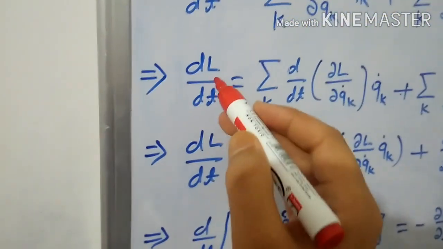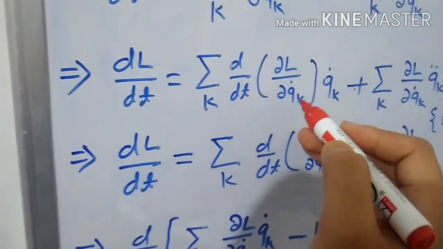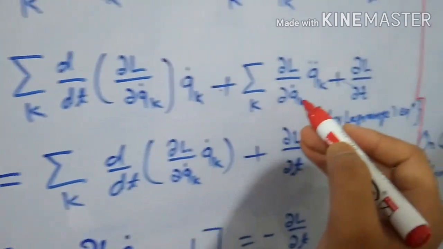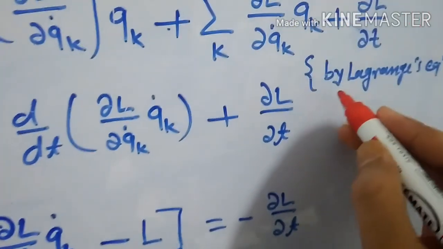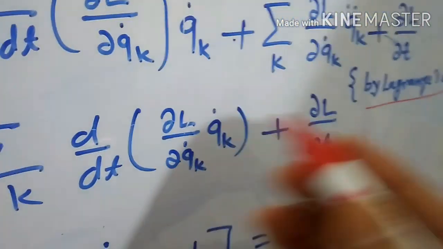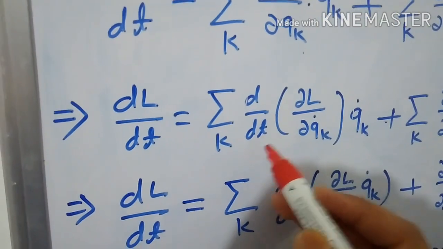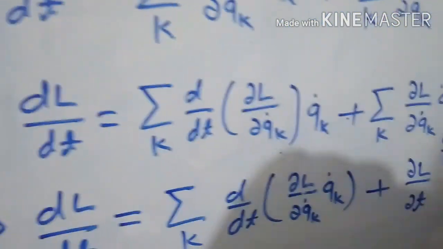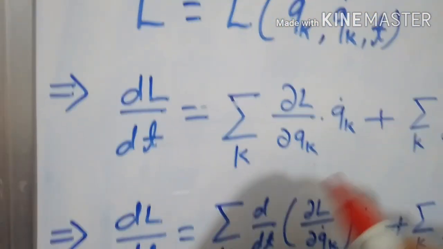That implies dL upon dt is equal to summation k d by dt of del L upon del qk dot into qk dot plus summation k del L upon del qk dot qk double dot plus del L upon del t. Why? Because by the Lagrange equation we know that del L upon del qk is equal to d by dt of del L upon del qk dot. So we apply the Lagrange equation here in place of del L by del qk.